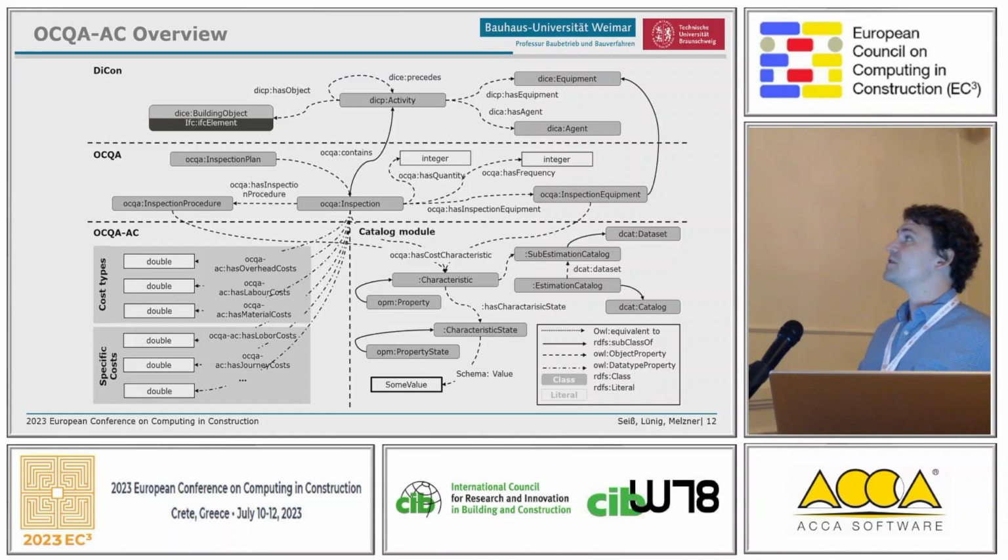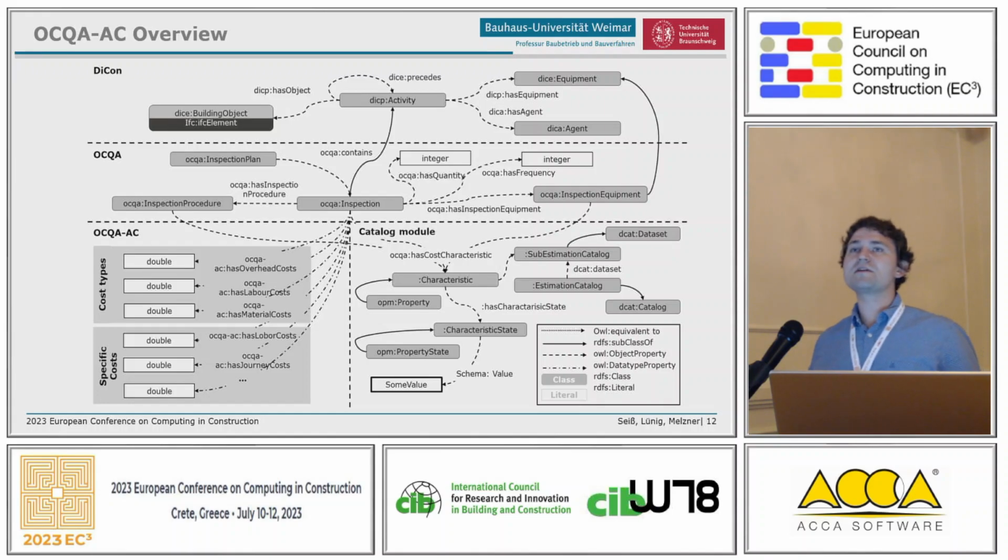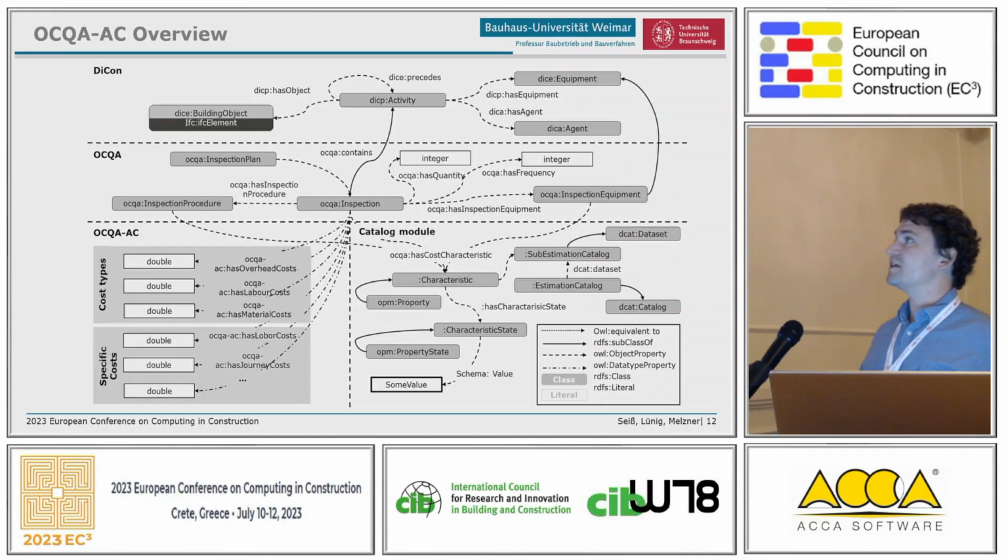And then on the other way we define the OCQA ontology, which in principle makes the classes a little bit more specific and adds additional classes. Like for example, we added the class of inspection, which is a subclass, so the inspection by itself is considered as an activity, more or less. And the activity is again aligned to equipment, which in the case of the OCQA is the inspection equipment by itself.